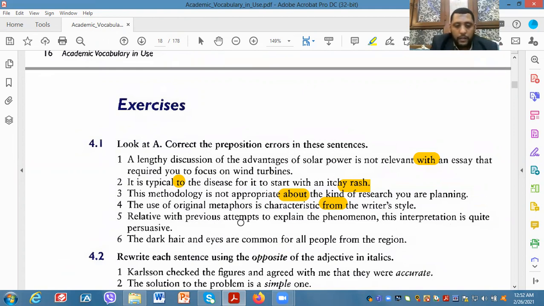Again, we need to look at the preposition, which should be replaced with the right one. So what do you think? It's not with.